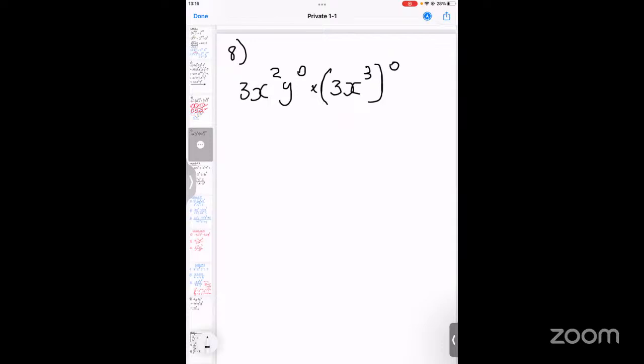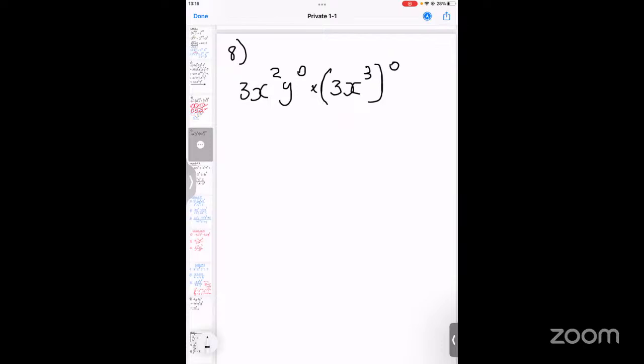Yeah, I sent a picture to you. Okay. Let's see. We have 3x squared. We have y to the power. Okay, fine. Okay, then it's fine.